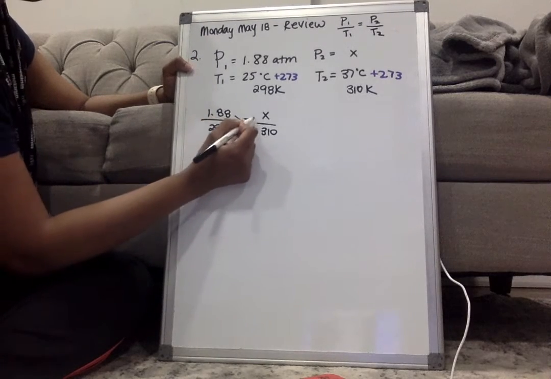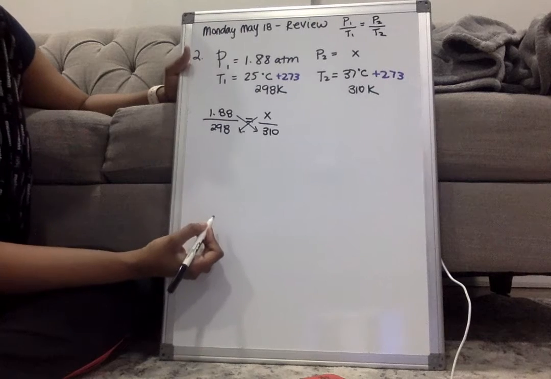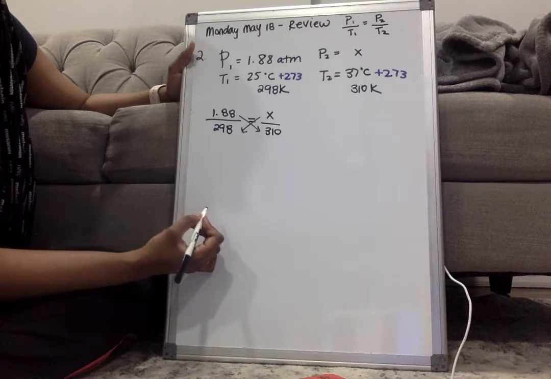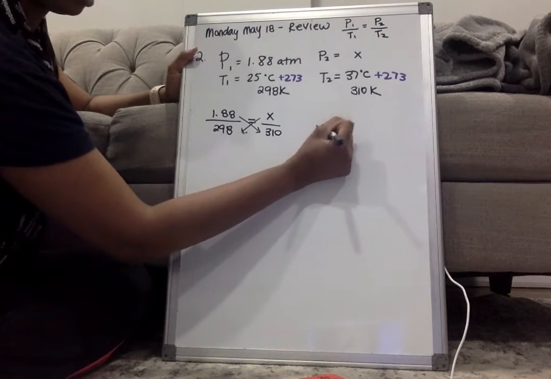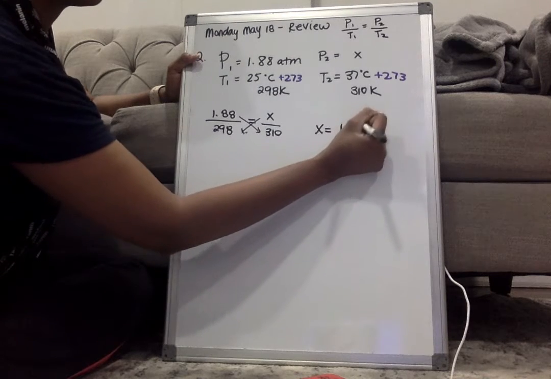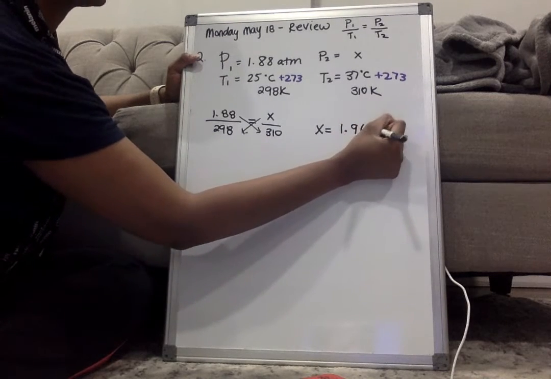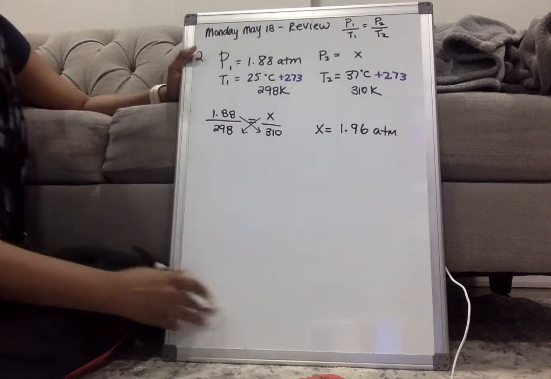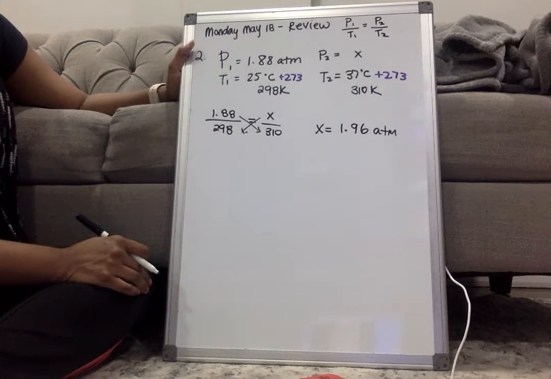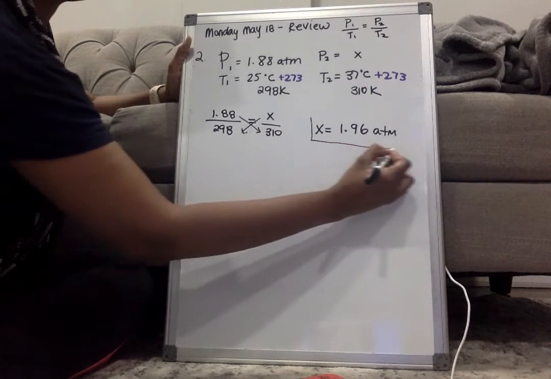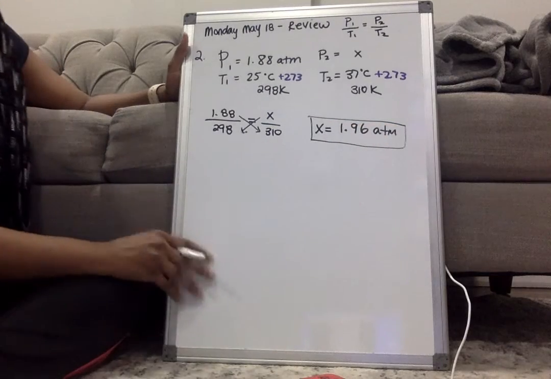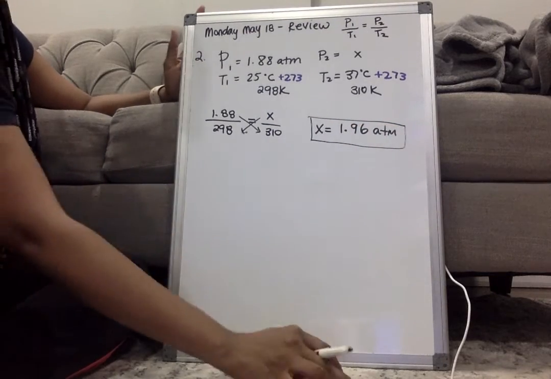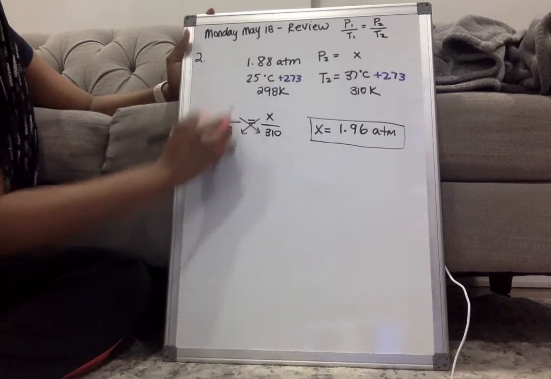Cross multiply, and then your final answer should be 1.96 atmospheres. Okay. So that's number 2. Moving on to number 3.